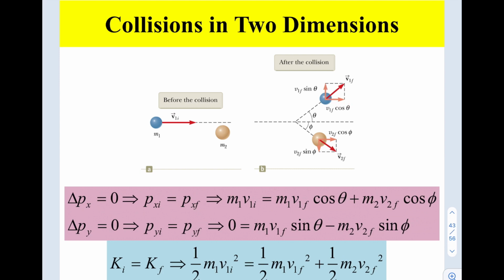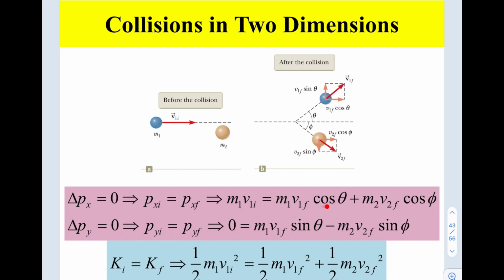Since we have components, we have to consider conservation of momentum in terms of the X component as well as the Y component. In terms of X, we have Px initial equivalent to Px final. Initially, only object 1 has momentum because only object 1 has V initial. For object 2, it's stationary initially, so P initial of M2 is 0.